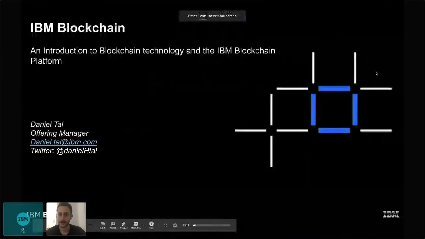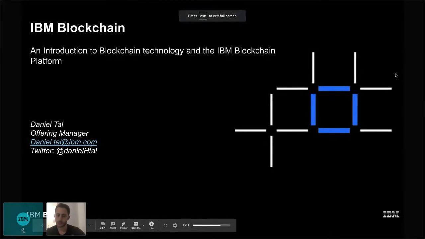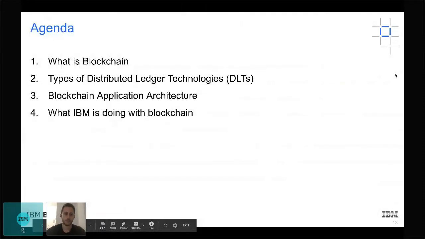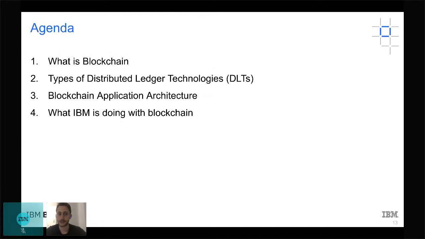The beginning part is going to be mostly around what blockchain technology is, where it came from, and where it's headed. A little bit about the delineations between distributed ledger technologies, which is the overarching umbrella term that blockchain falls into, and explaining the difference between the few different types there are.